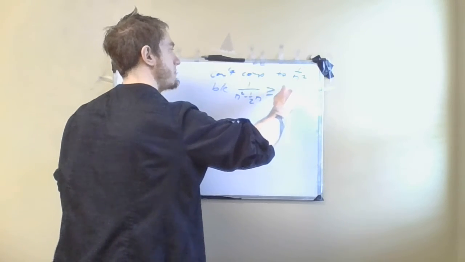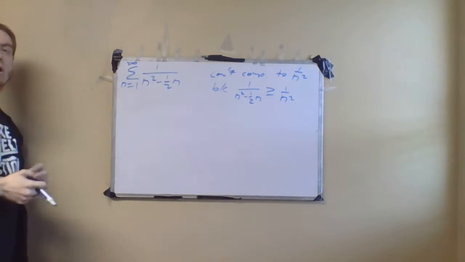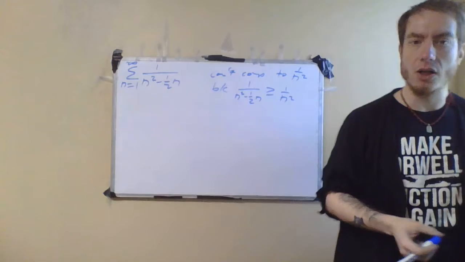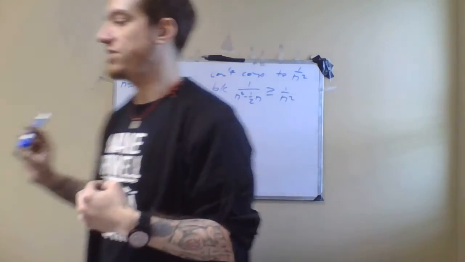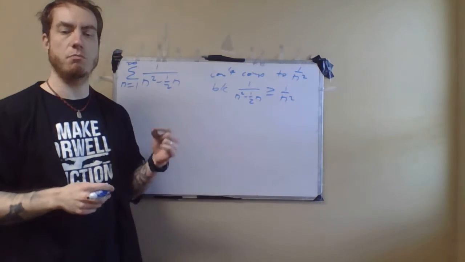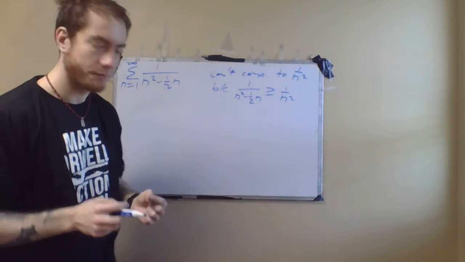This is going to be bigger than or equal to 1 over n squared. So it doesn't quite work. Now, you might be able to mess around with this for a while and get the comparison test to work. Like maybe you could come up with some kind of a factor that makes this work out for you. But there is, in fact, an easier way.